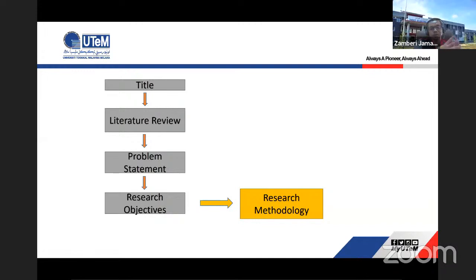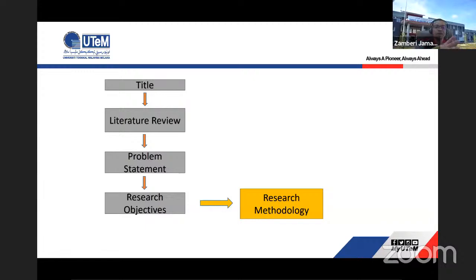From here, we would then create our research methodology. Research methodology is something that would provide us with the answers to the research objective. We create a questionnaire, for example, or interview sessions, or survey forms to fulfill research objective number 1, for example, to evaluate the current market standing on the issues of maybe waste management in India, in Malaysia, in Japan.